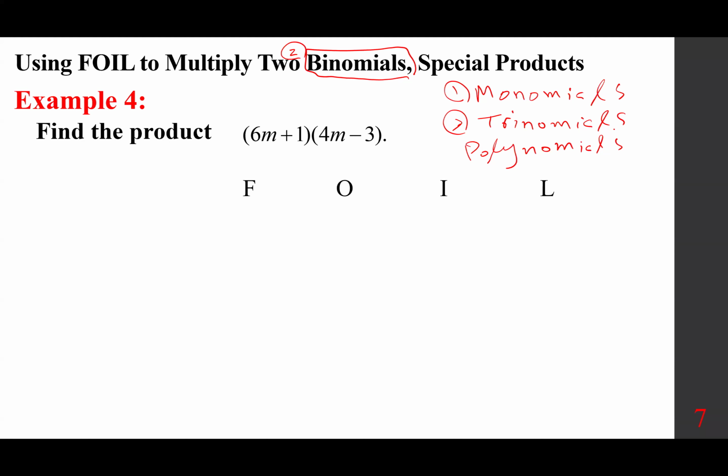So foiling, F stands for the firsts. This is the first one, 6m times 4m. O is for the outers, these two.